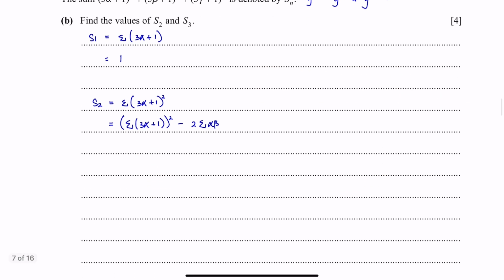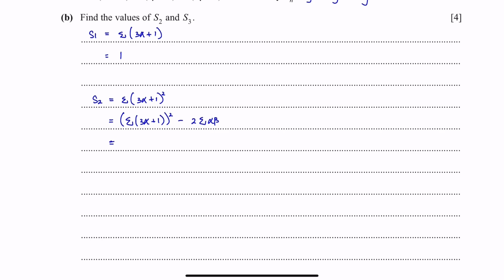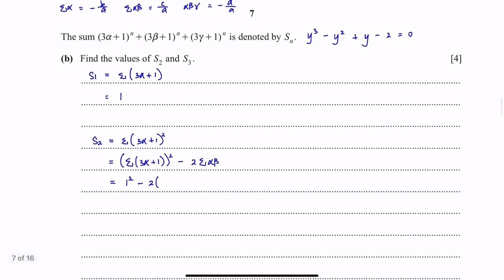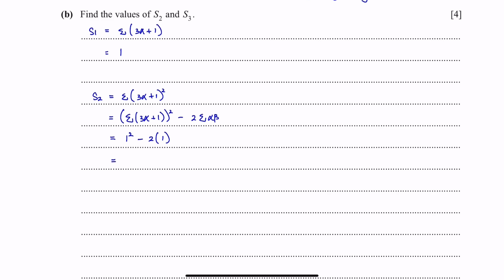So this will be 1 squared minus 2 times 1 plus, this is just 1 over 1. So we get negative 1 for S2.